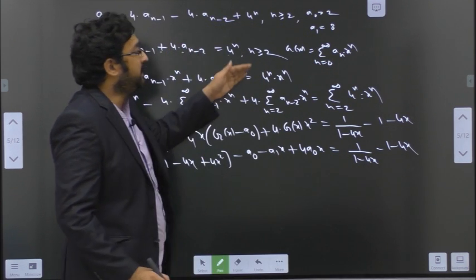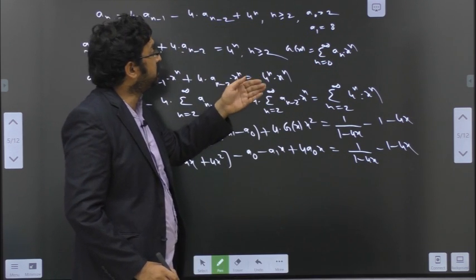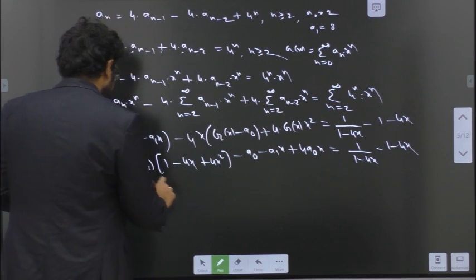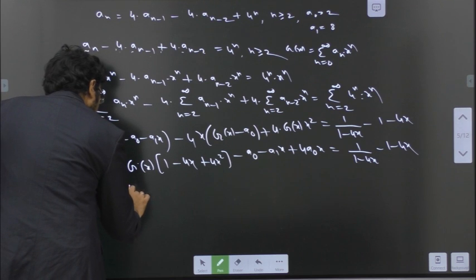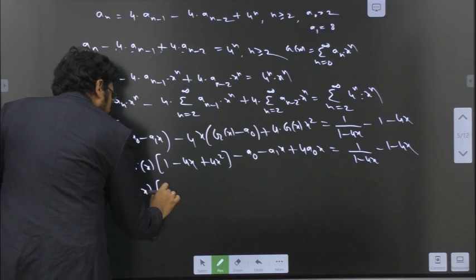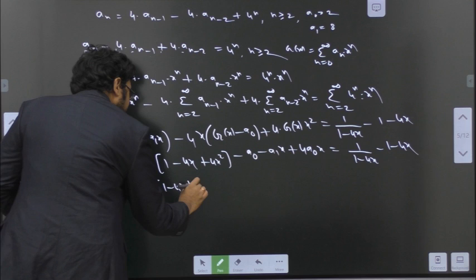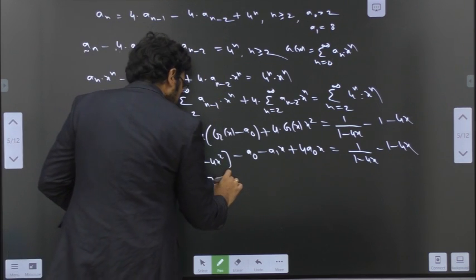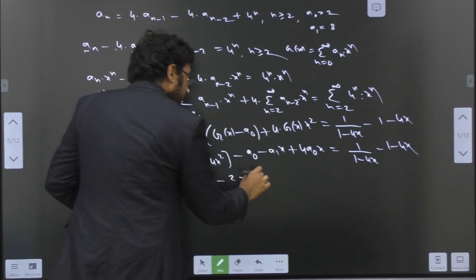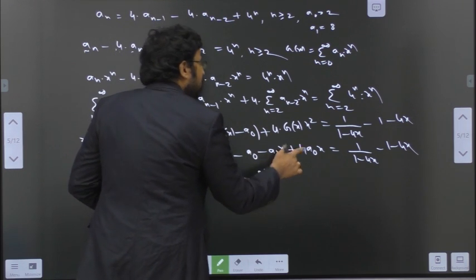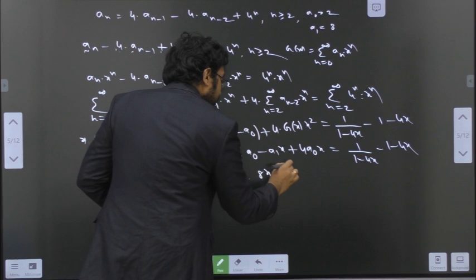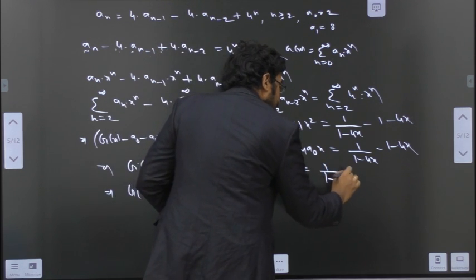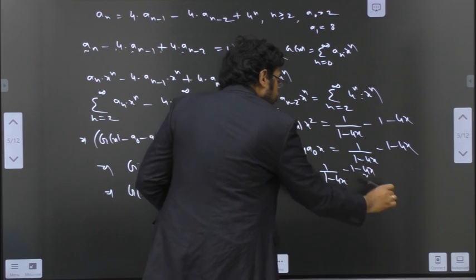Now apply initial values here, a0 equal to 2, a1 equal to 8, substitute here, then we will get g of x into 1 minus 4x plus 4x square minus a0 means 2 here minus a1 8x plus 4 into 2 8x equal 1 by 1 minus 4x minus 1 minus 4x.